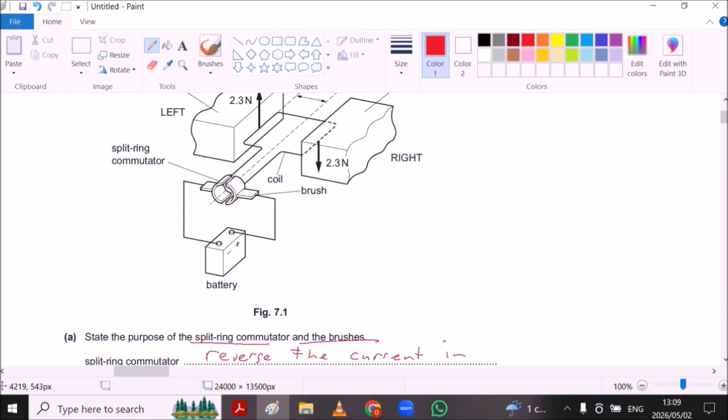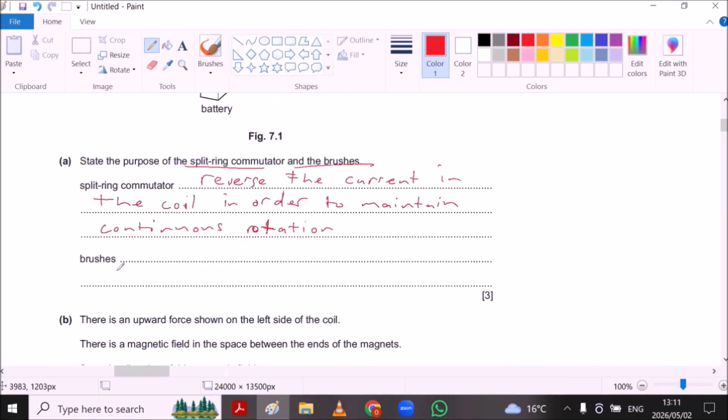So these split rings are meant to reverse the direction of the current in the coil as it spins in order to maintain continuous rotation. The purpose of the brushes is to maintain supply of electric current to the coil and split rings.